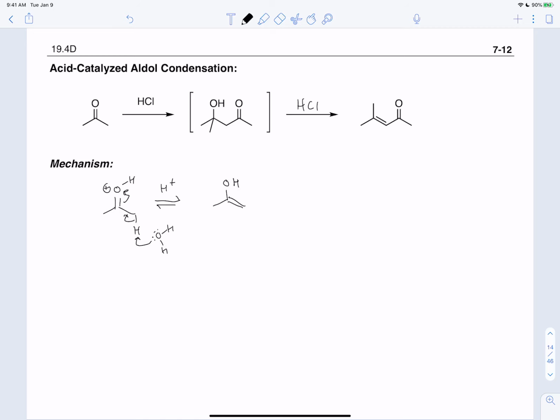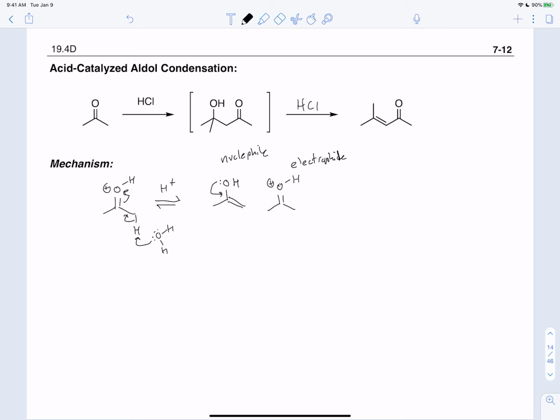So now we have an okay nucleophile, and all of the ketones that are in solution, these are only okay electrophiles. So in order to get these two to react, we need to make this electrophile better. And we can do this through protonation since we're under acidic conditions. So in order for an enol to react with a carbonyl compound, it will need to be protonated first.